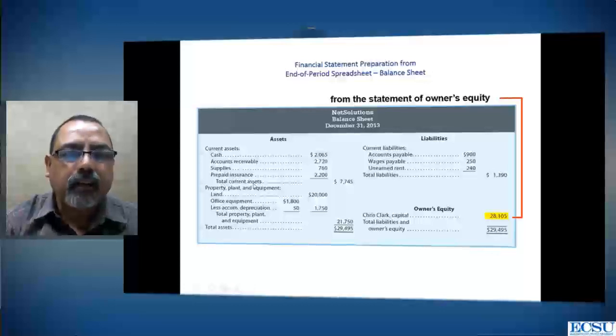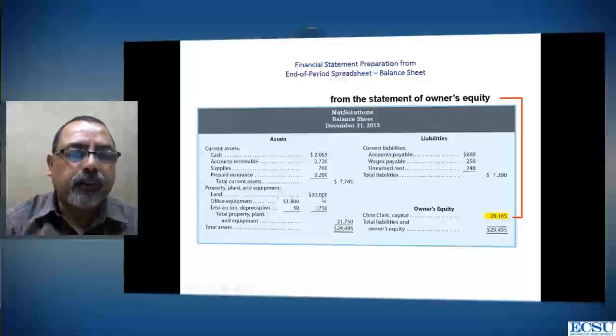And then you add the total current assets. The next heading would be property, plant and equipment. In case the company has some investments, we'll put them in between the current assets and the property, plant and equipment.